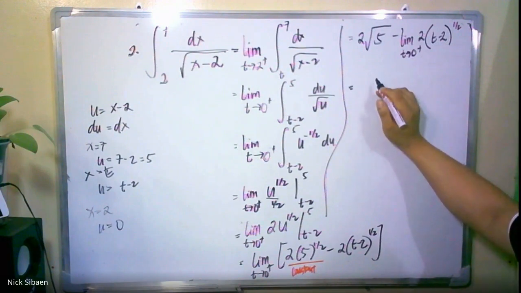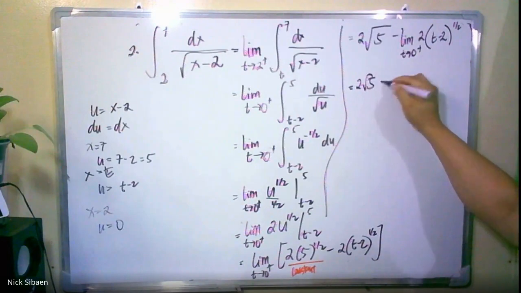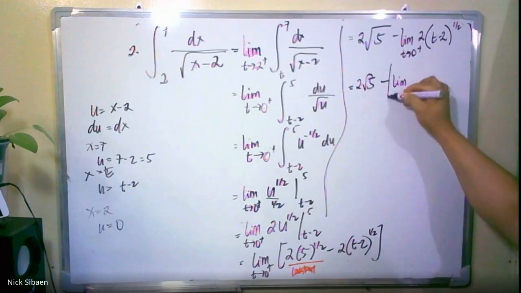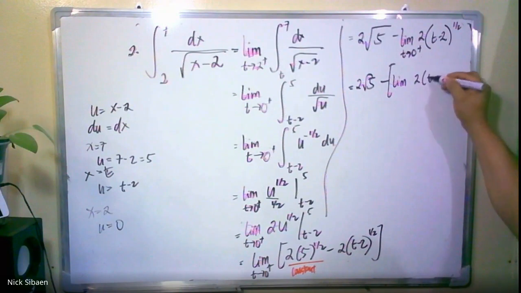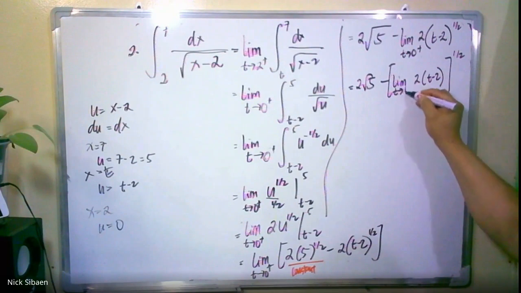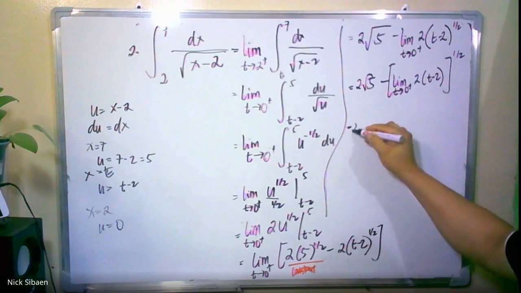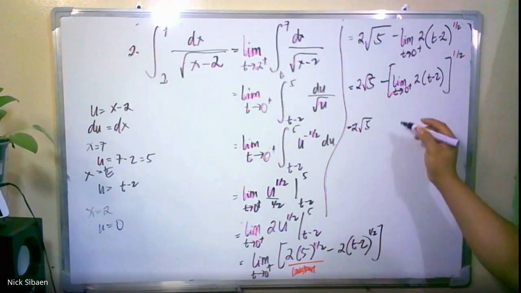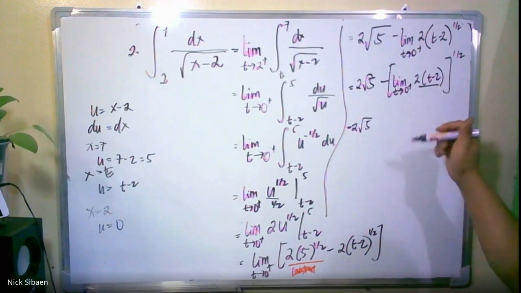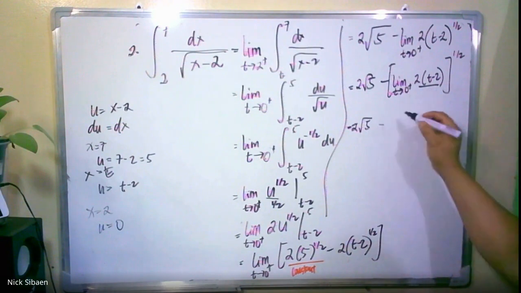So 2 square root of 5 minus, parang yung ginawa din natin kanina, magiging yan, 1/2, t to 0 from the right. Again, this is a polynomial. Ang polynomial, wala namang point of discontinuity yan. The limit is just the same. So, i-substitute lang natin yung 0 doon.